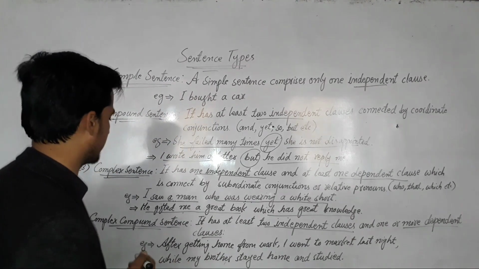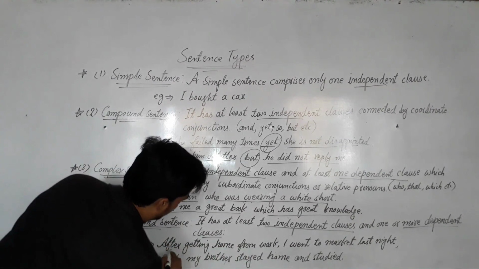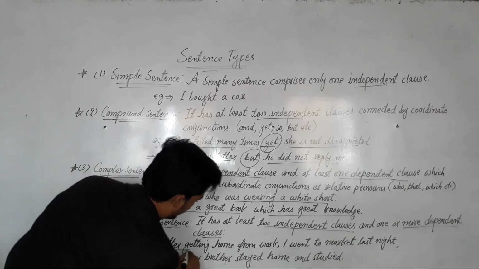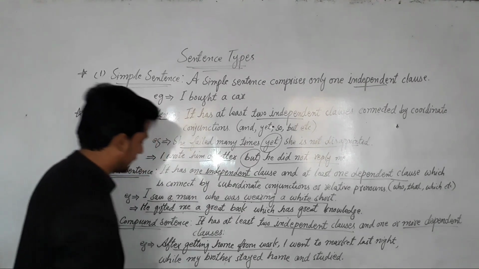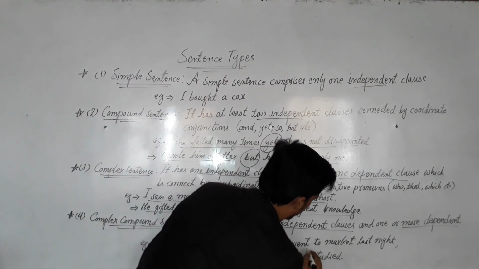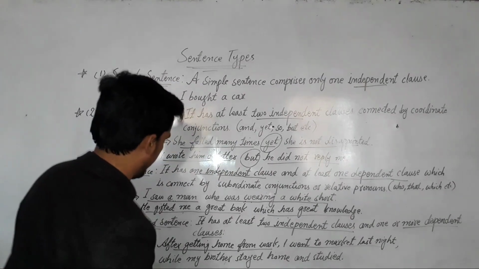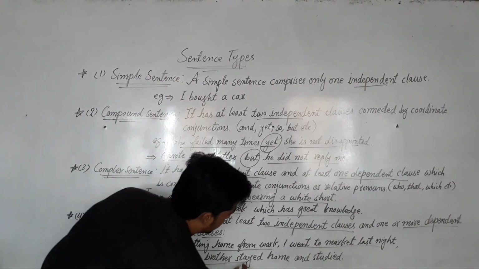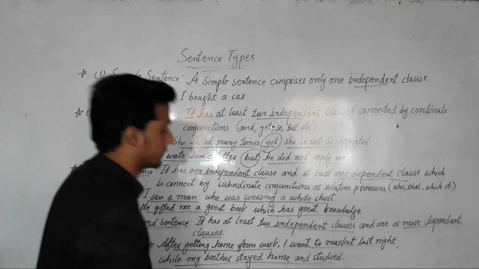For example, just look at: after getting home from work. So you can see here it is one part of a sentence. I went to market last night, and while my brother stayed home and studied.